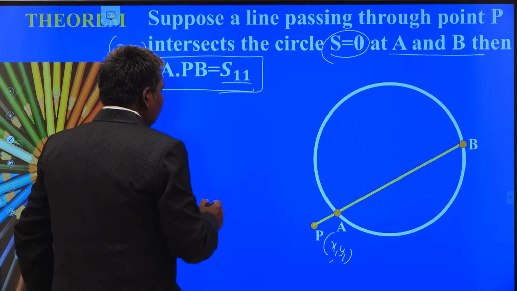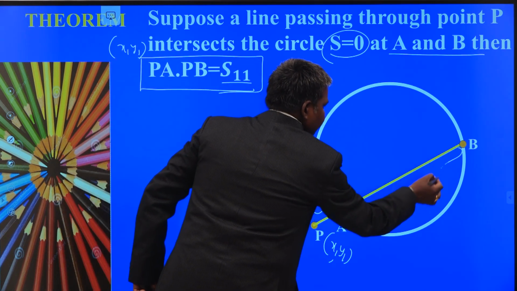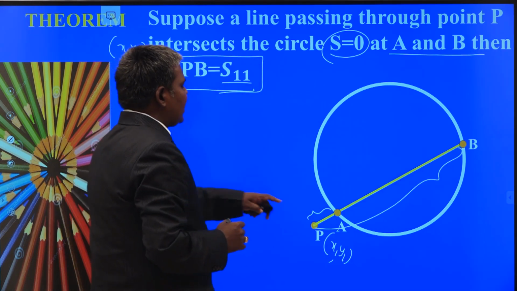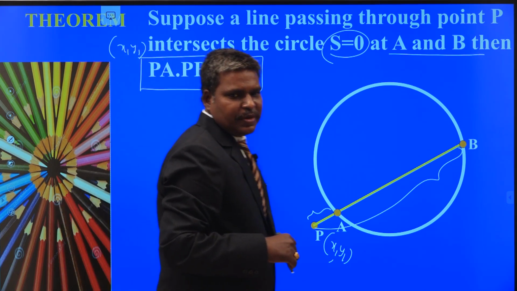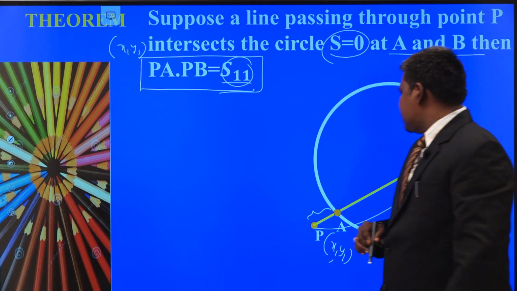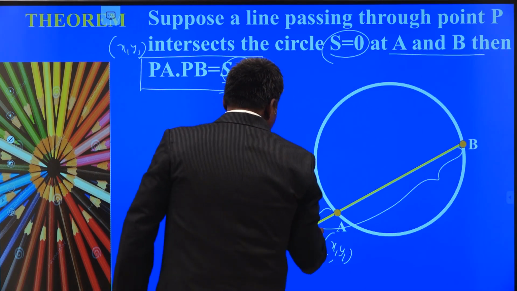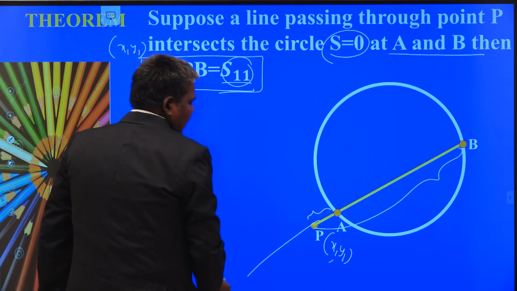What you have to prove? The distance PA and the distance PB, you have two values. Their product is always equal to the power of the point P with respect to the circle. You are going to prove this. How to prove this? I am going to use the parametric equations of a straight line. This is my line.